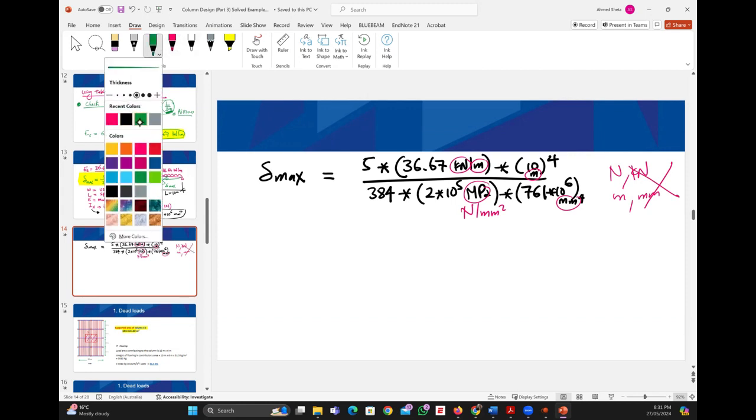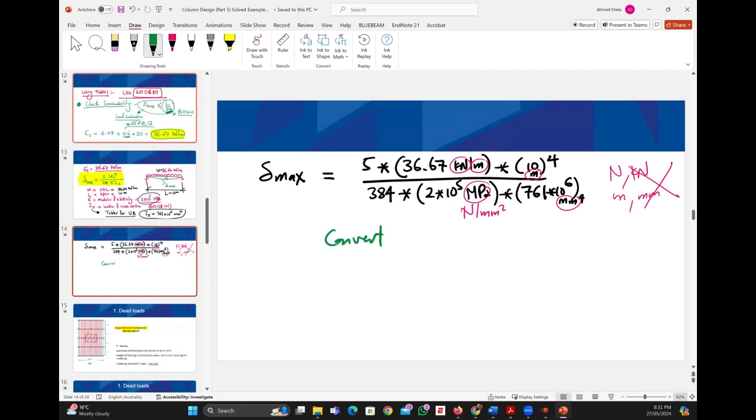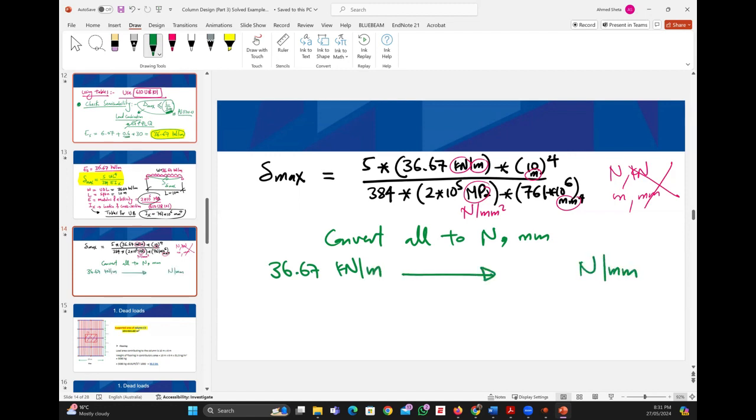How do we make the units consistent? Convert all to Newton and millimeter. So if I ask you, if we have 36.67 kilonewton per meter, how do we convert it to Newton per millimeter? Do you know? To convert from kilonewton to Newton, we need to multiply by 1000.